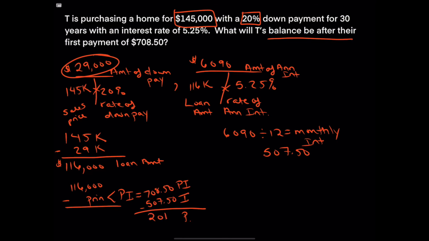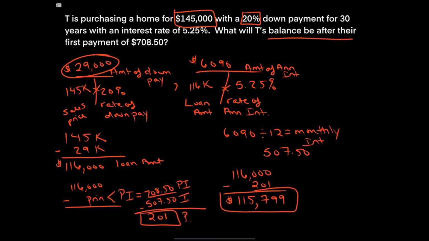So even though they made this payment of $708.50, only $201 went to the principal. So $116,000 subtract the $201 gives us a new balance of $115,799. That is T's new balance after their first payment. I hope this helps, and as always, if you have any questions, just let me know.